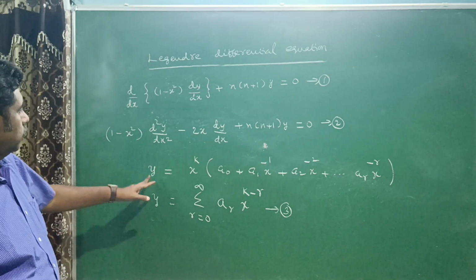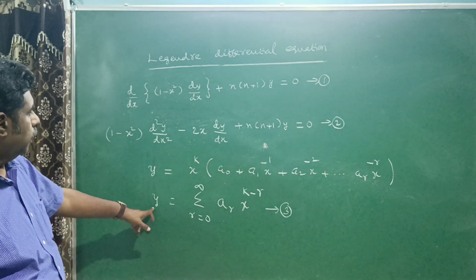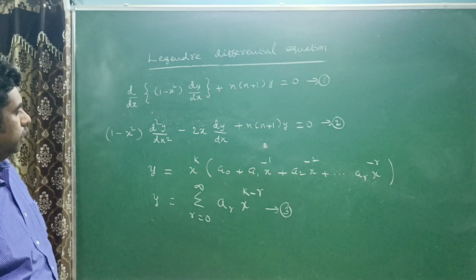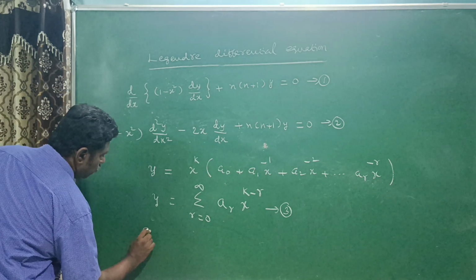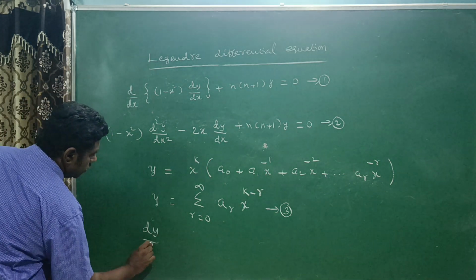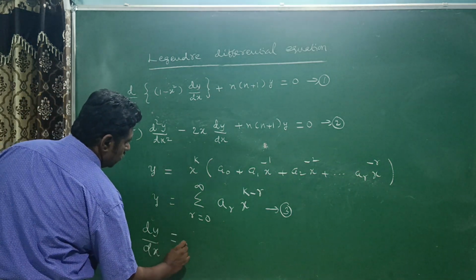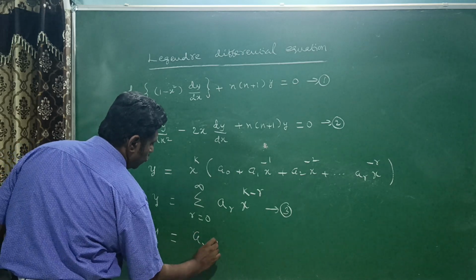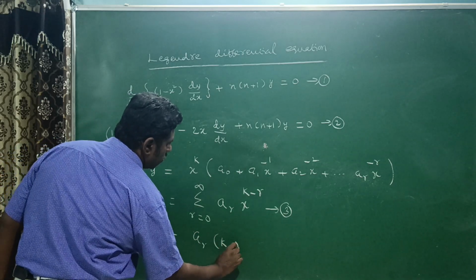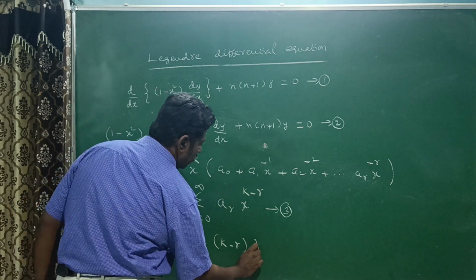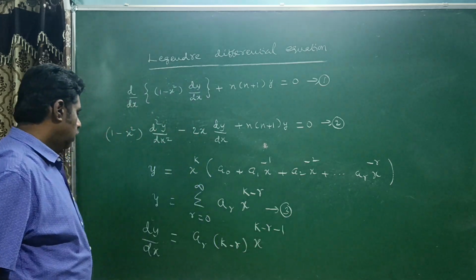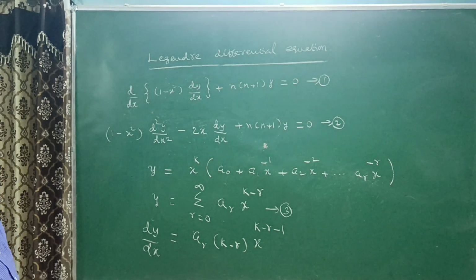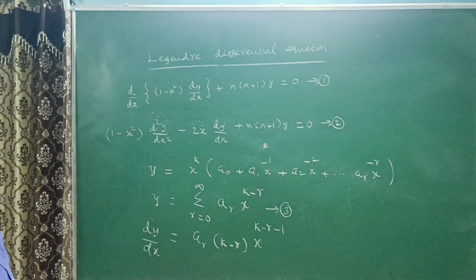Now we have to find out dy by dx and d square y by dx square. The value of dy by dx equal to a suffix r (k minus r) x power k minus r minus 1. This is the value of dy by dx.